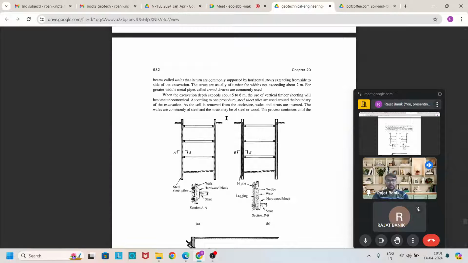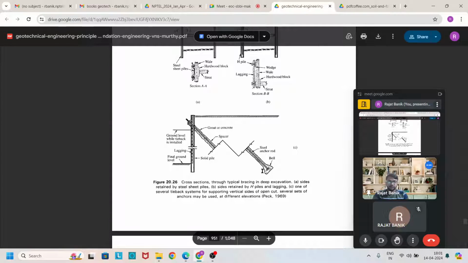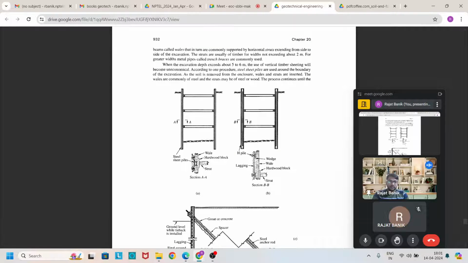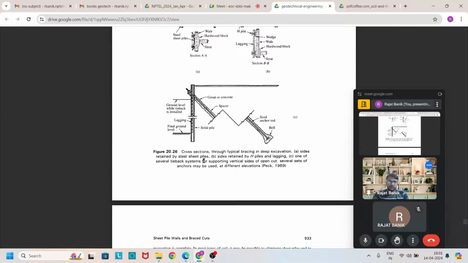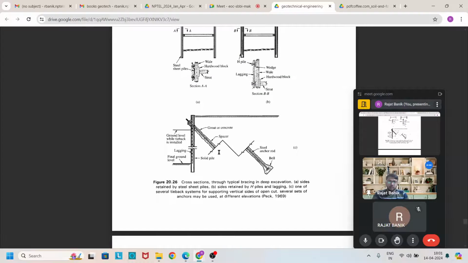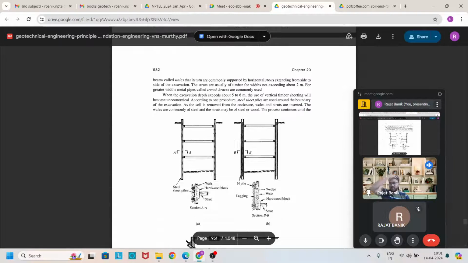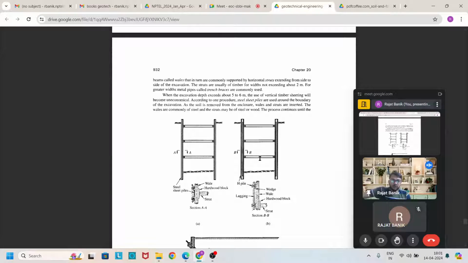And the struts are arranged in this way with the help of sheet piles and also with the help of H piles. So these are the arrangement of the brace cut or strut.